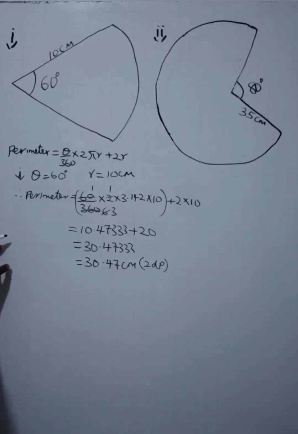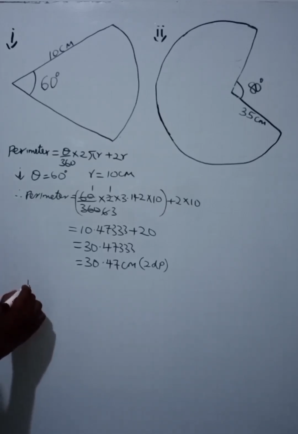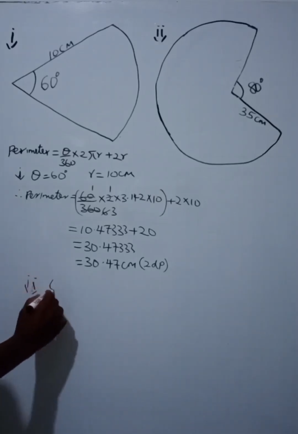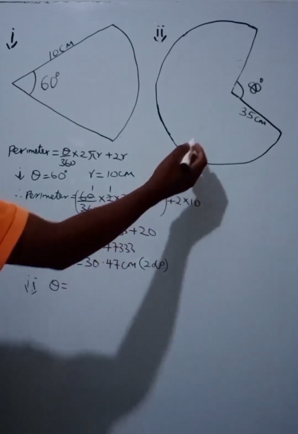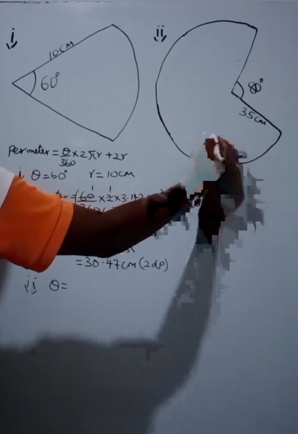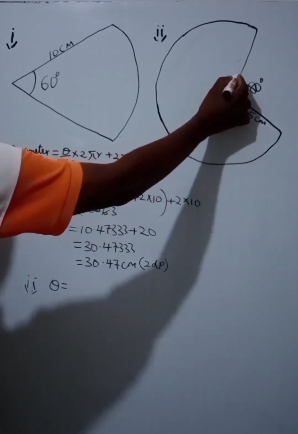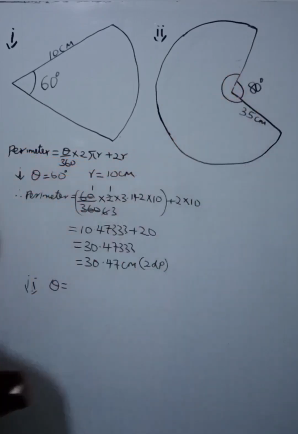Now for the second one, you realize that the angle that subtends this sector, this is the sector that we are talking about, this region here. The angle subtending it is this one, which we have not been given.